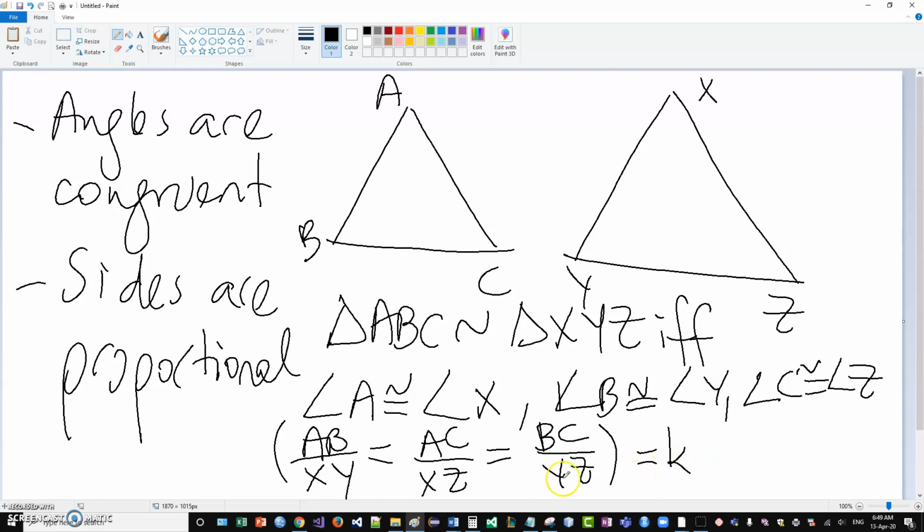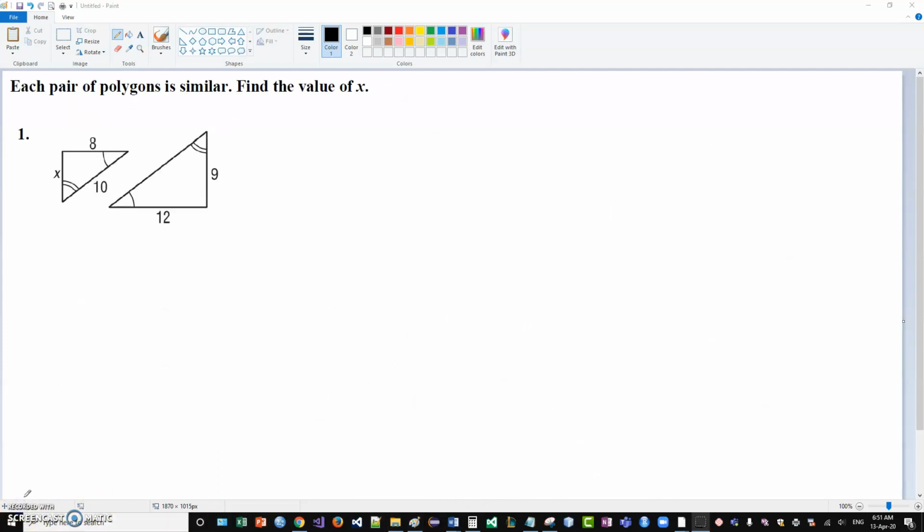Alright, let's do some exercises. Each pair of polygons is similar. Find the value of x. So if these two polygons are similar, we know that their sides are proportional and their angles are congruent. To find the value of x, we can say that x over, what's the side corresponding to x?